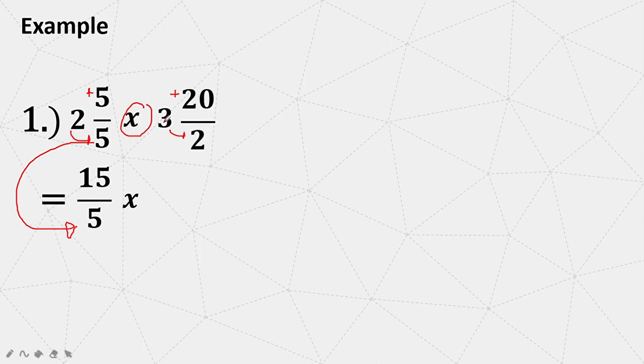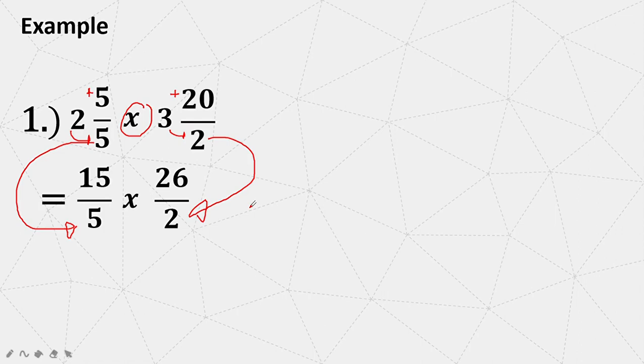So, next, ganun pa rin gagawin natin dito. We have 3 times 2. We have 6, no? It will give us 6. And 6 plus 20 will give us 26. Okay? And copy the denominator. So, 26 over 2.